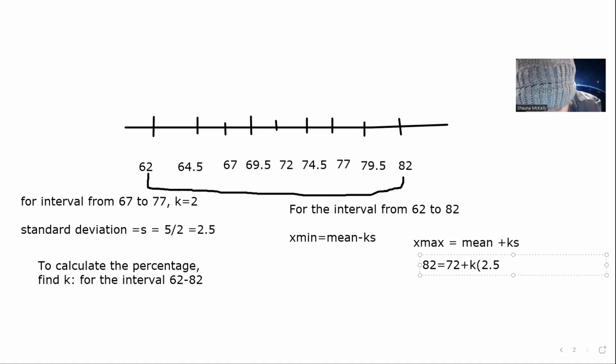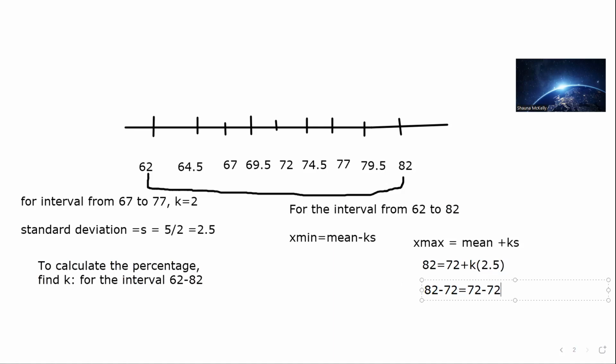Okay. So again, I'm going to subtract 72 from both sides. So I have 82 minus 72 is equal to 72 plus 2.5K minus 72, just so that it's a little cleaner. This is a difference of 10 is equal to 2.5K.